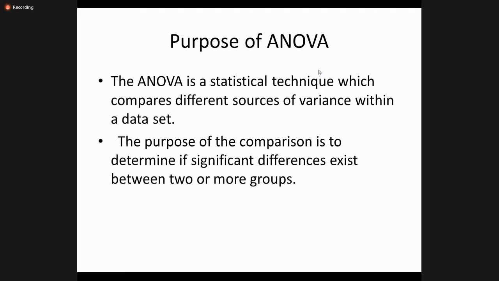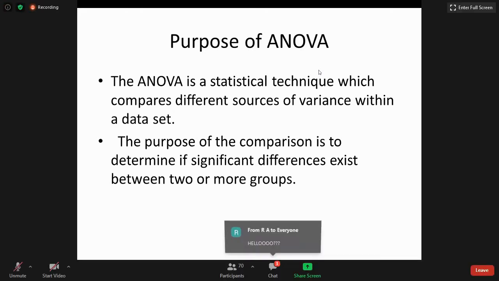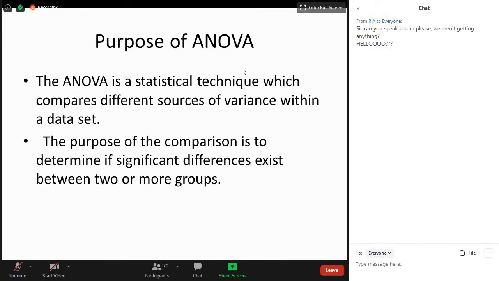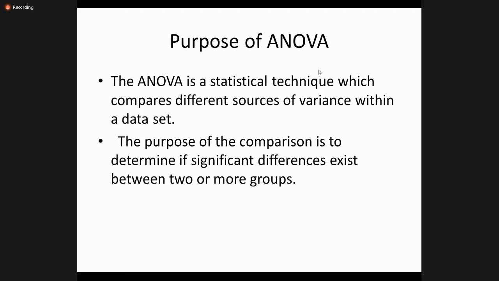I told you this is the same thing done by the t-test, but the t-test is limited to one or two sample groups. In the case of more than two groups, the problem with the t-test is that it can produce type 1 errors in the calculation, which can bias the results. So in that case, analysis of variance is a better test for hypothesis.